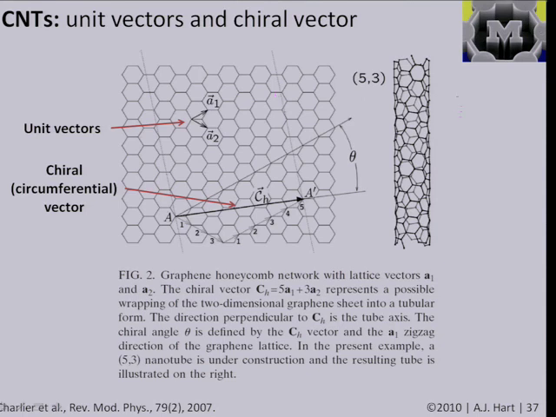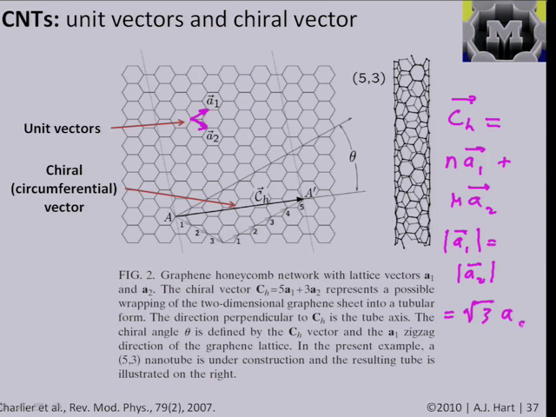So then we can say that this vector C sub h is equal to n times a1 plus m times a2. And a1 and a2, as you can see from here, are the same length. So the length of a1 is equal to the length of a2, and that is equal to the square root of 3 times what I'll call a_CC, and a_CC is the carbon-carbon bond distance.